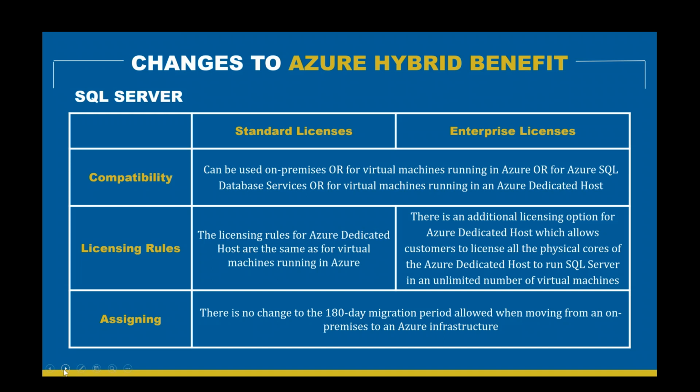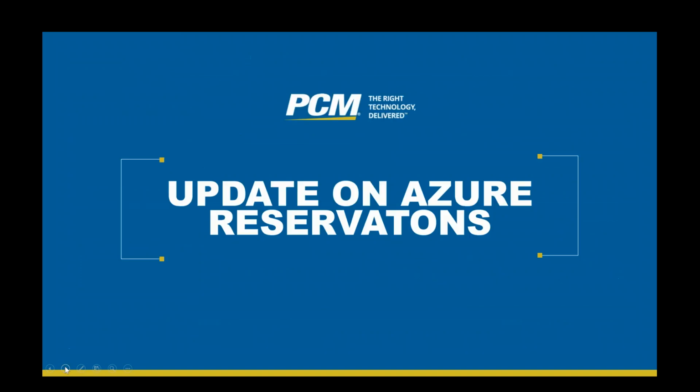For the enterprise licenses, however, there is an additional licensing option where, for the Azure dedicated host, you can license all the physical cores of your Azure dedicated host to run SQL Server in an unlimited number of virtual machines. For migration periods, there's no change to the 180-day migration period allowed when moving from on-premises to Azure. So again, there are a few important changes that you probably want to be aware of as you do your migration and your digital transformation to the cloud.